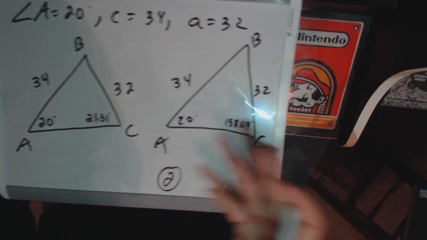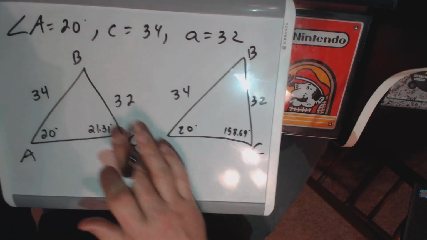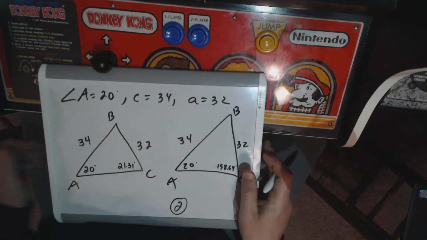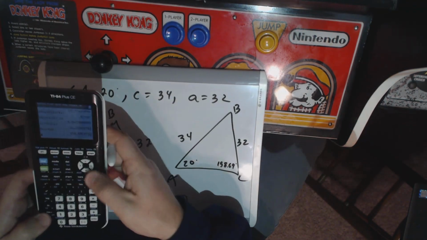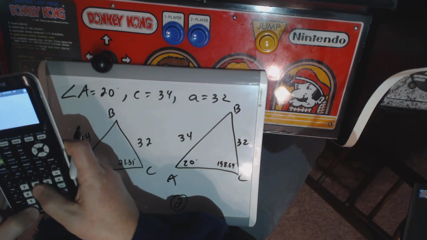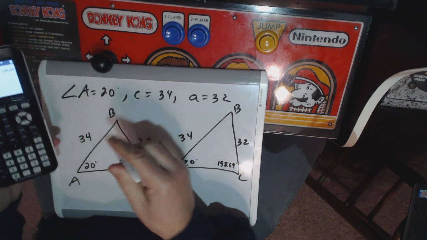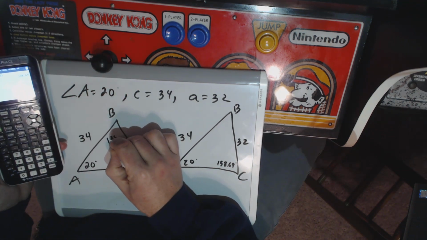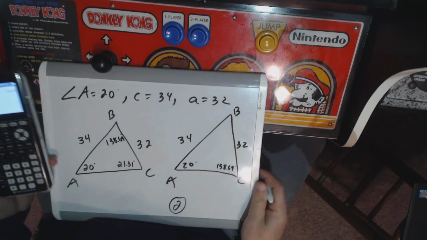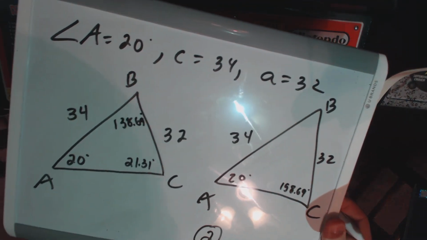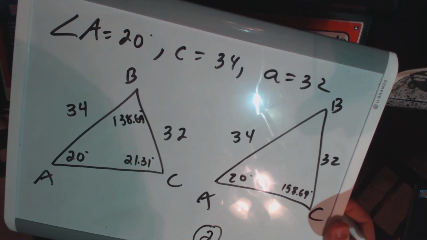Now, we got to complete both of these, right? I suggest you do it one at a time, but I'll show you how you can look at this. Let's say you look at angle B. Over here, angle B, it's very simple. You take 180 minus 20 minus 21.31, right? And you get 138.69, okay?